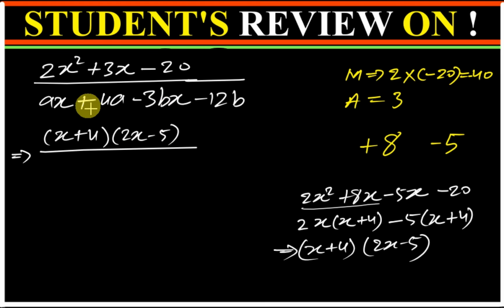Now we have to factorize this denominator. Here 4 terms are there, so we make pairs of 2 and take something common from each. What is common from the first pair? a is common. If I take a common from the first pair, what will be left here? x plus 4.